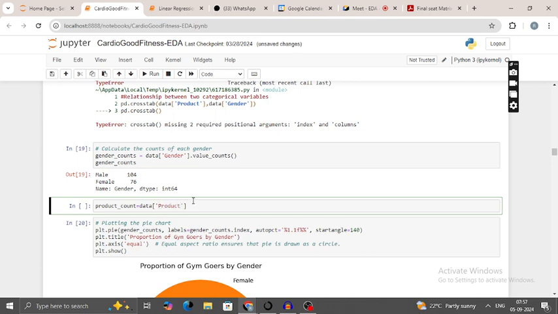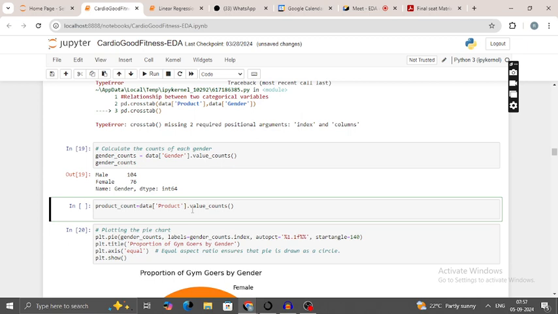So dot value_counts. So table name, column name, dot value_counts will give you the unique products or unique features that are present in a particular column. So I'm going to store that as product_count. So look at this product_count now.